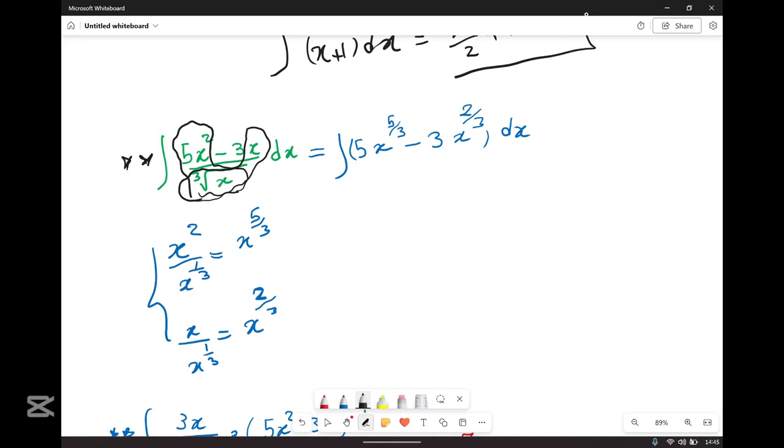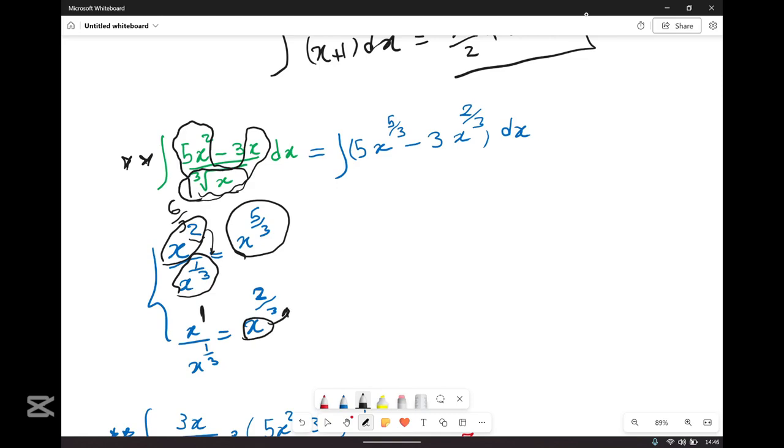Okay, in here, x power 2 divided by x power 1 over 3, and if I write it better, 6 divided by 3, and by the power rule it is x power 5 over 3, but in here is 1, and 1 minus 1 over 3 is x power 2 over 3.